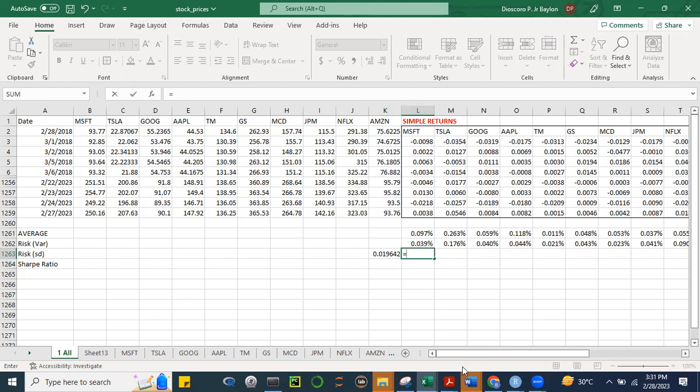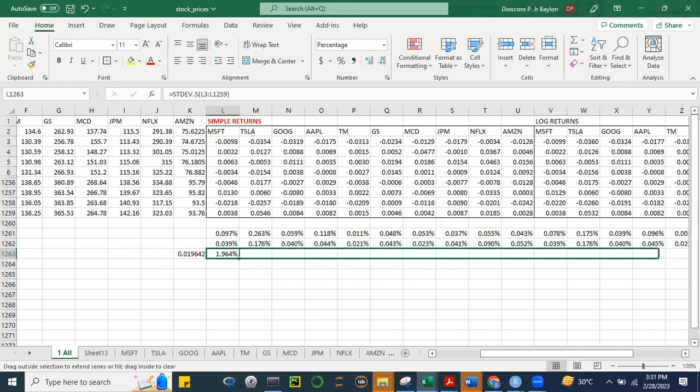Just, we can use, of course, stdev.s, standard deviation sample of the returns. Okay, and then I expect also to get 0.019 for Microsoft. Control enter. Okay, pareho lang, no? Okay, i-percentage rin natin. Right? And then let's copy this to the right.